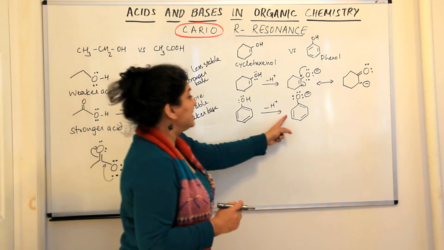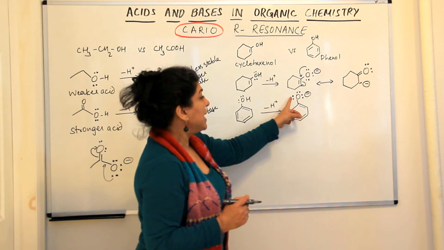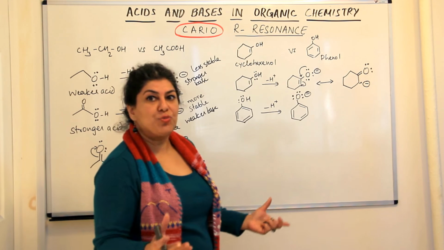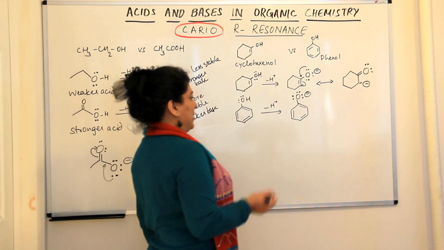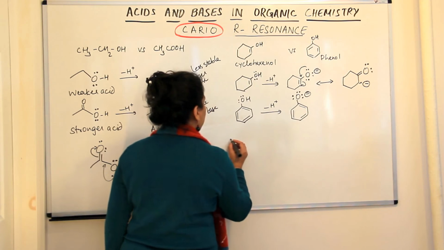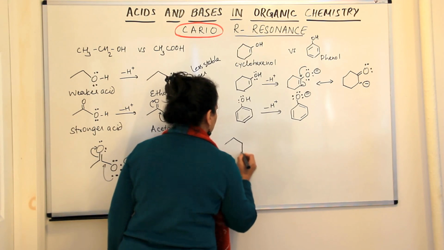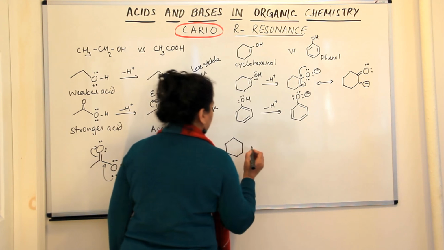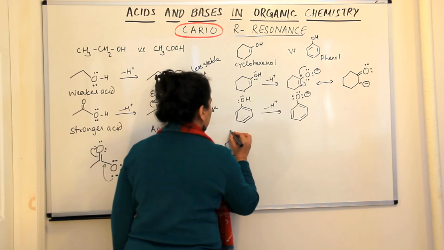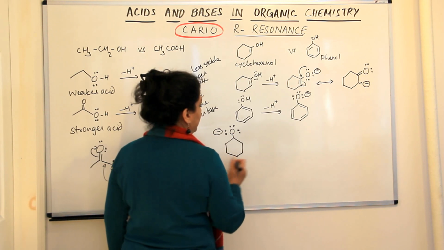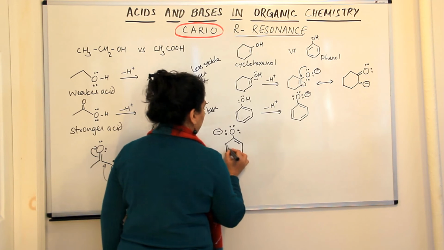Phenol also has 3 alternating double bonds and there is a lone pair of electrons on oxygen. So it would show many more resonating structures. So let us see what its resonating structures are. Let us first make the original molecule. Now we have oxygen having 1, 2, 3, 4, 5, 6 electrons and the negative charge here and the double bonds are here.